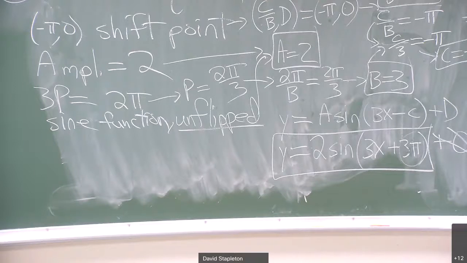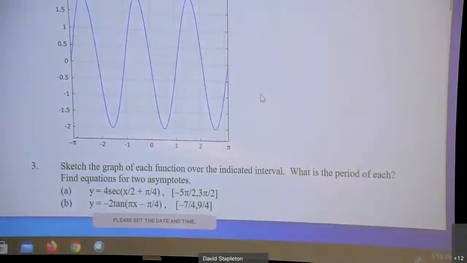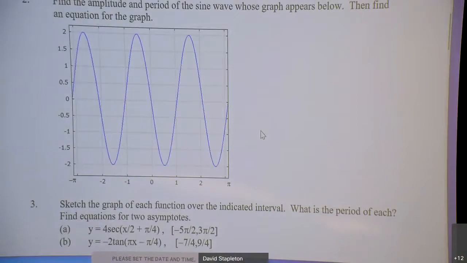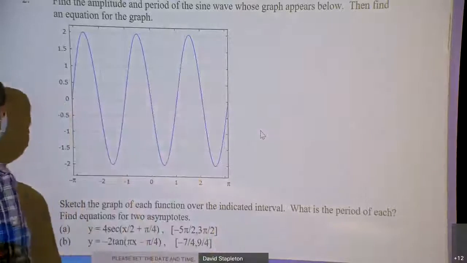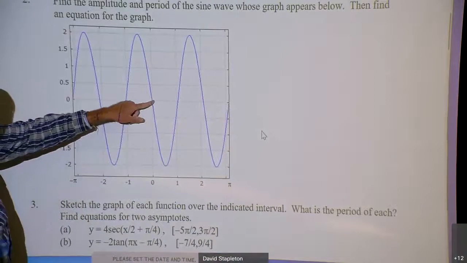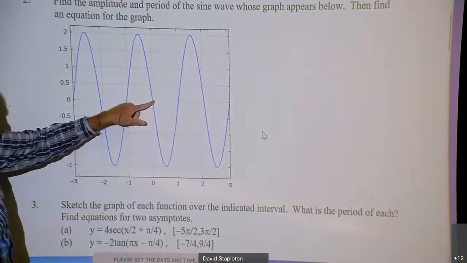Maybe I should point out, though, how the answer key got its answer, just in case you're interested. If you were to instead pick this point here for the shift point, 0, 0, that's a nice easy shift point to pick, right?